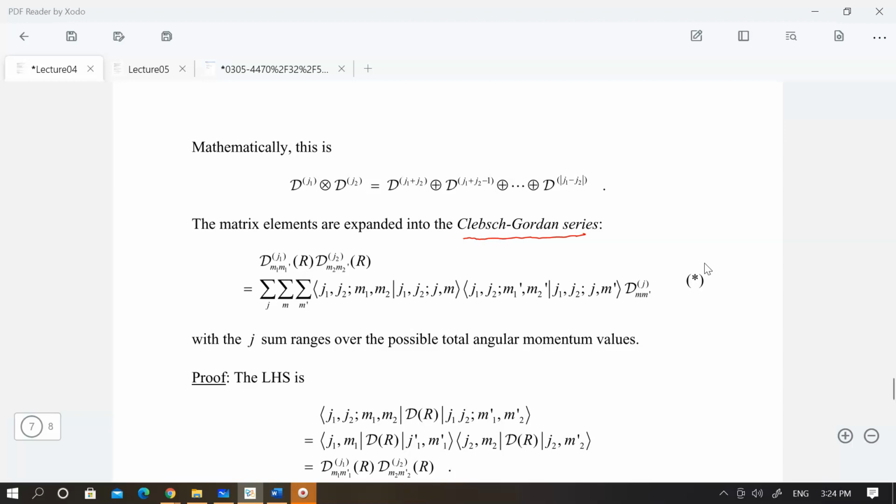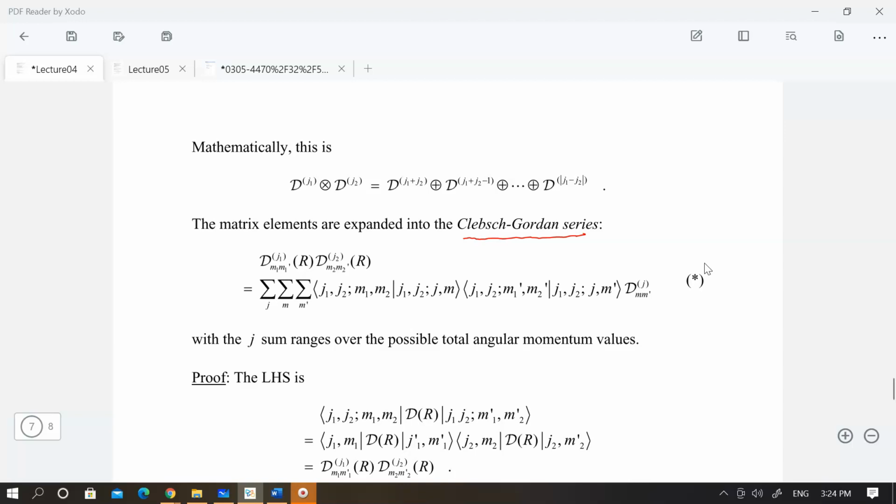And then if one were to expand this with respect to J1 M1, M2, M1 dash, M2 dash.